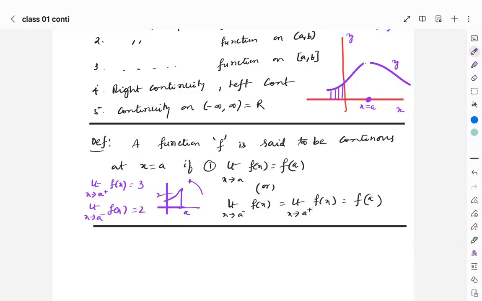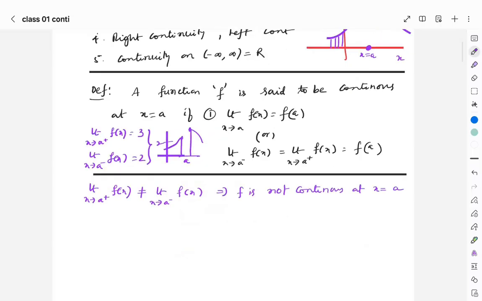A minus is 2, a plus is 3. That means these two are not equal. Limit x tends to a plus f of x is not equal to limit x tends to a minus f of x. We say the limit does not exist as well as f is not continuous at x equal to a.